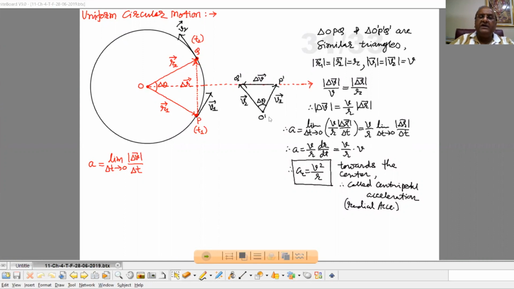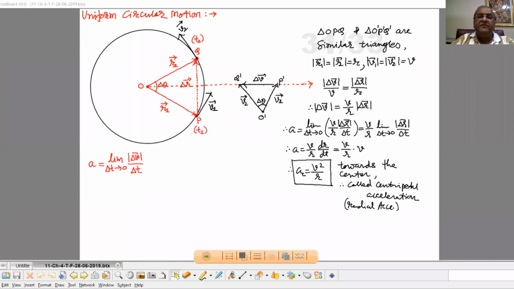Take the point O dash, and from there represent vector v1, as well as from the same point vector v2, in such a way that the heads of v1 and v2 both lie on the x-axis. Like that, prepare these two vectors v1 and v2 here.